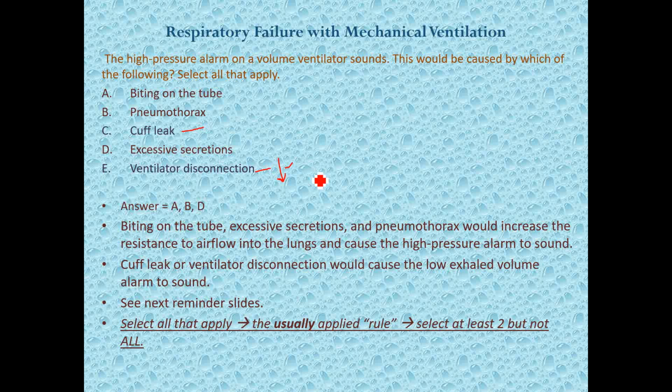It's got to have that just right resistance, not too much, not too little, and the respiratory therapist will set what that is because of patient variation. So that's what these alarms sound for.